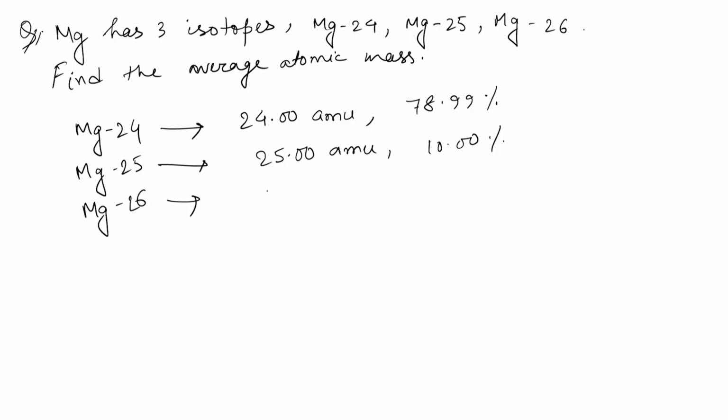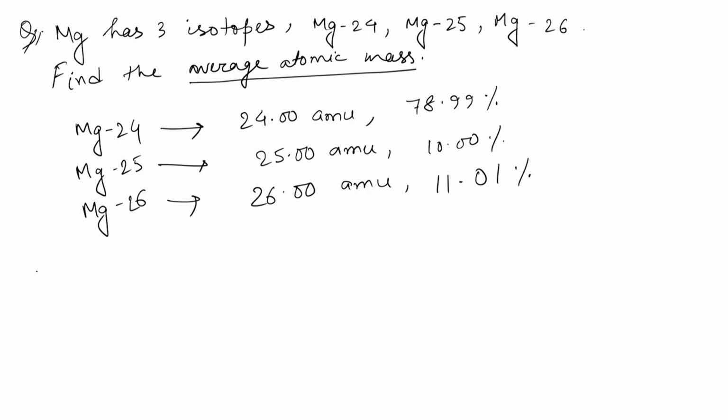Mg26 has a mass of 26.00 AMU and a percentage of 11.01%. With this information, we have to calculate the average atomic mass of magnesium.